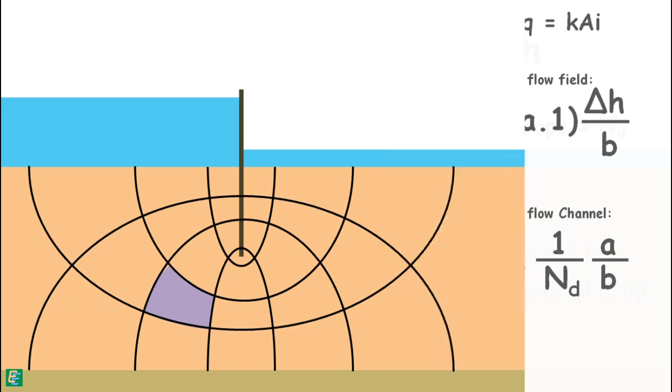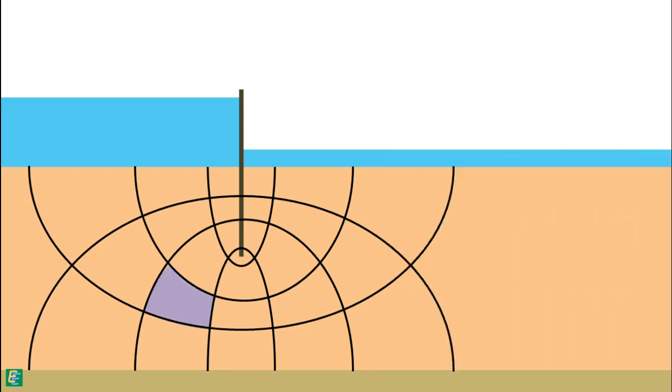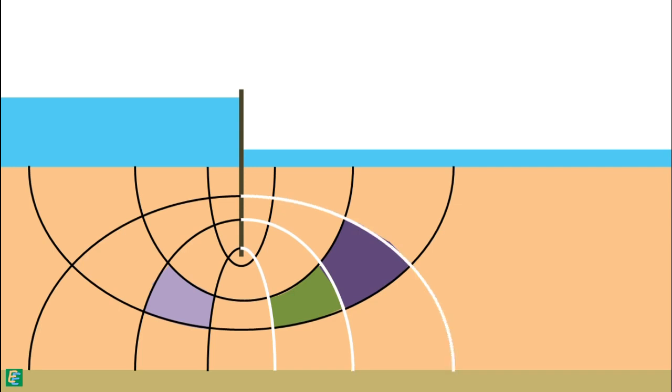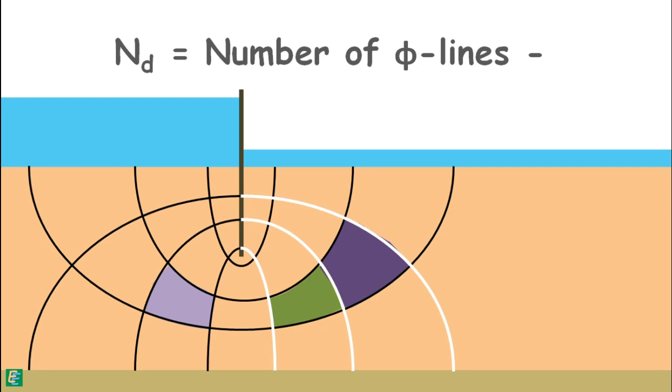Note that this is one potential drop between two equipotential lines, and these are two potential drops between three equipotential lines. So we can see the number of potential drops ND will be the number of equipotential lines minus 1.